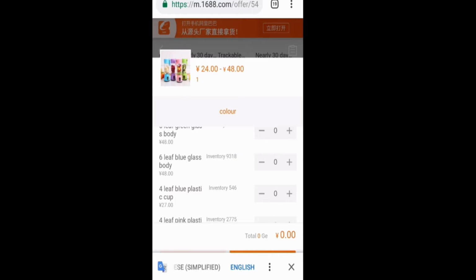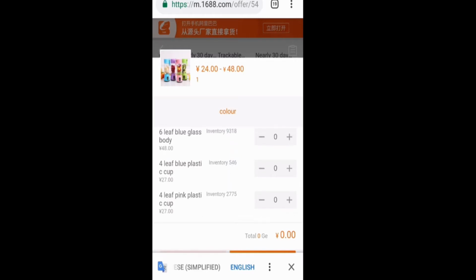But let's assume a case where you've done your search, you're looking for a particular item, or you couldn't see another link that has a good specification based on other parameters, and the only one that fits into your specification has inventory that is lower than 1,000. Please, the minimum you should do is 500.